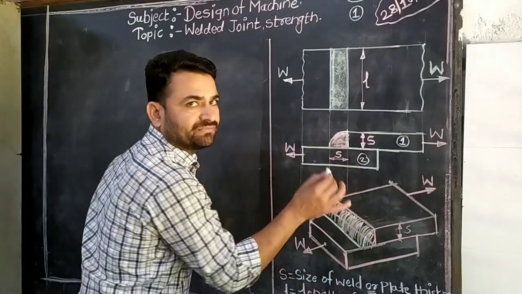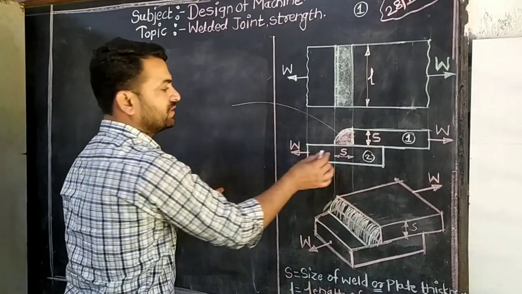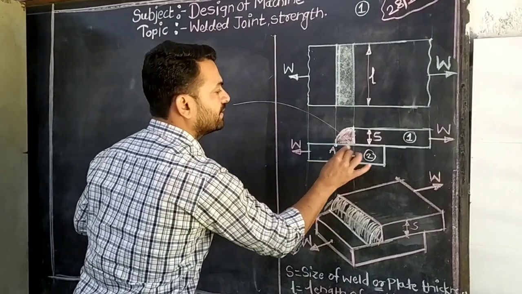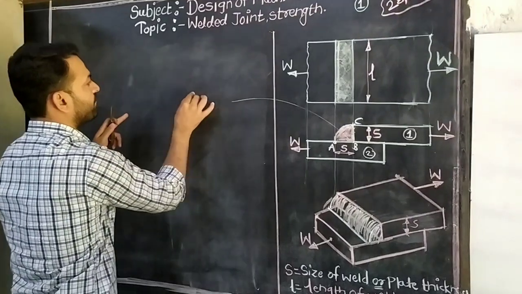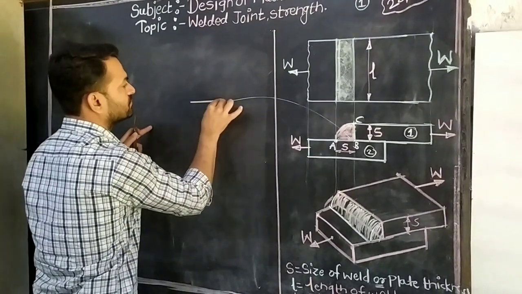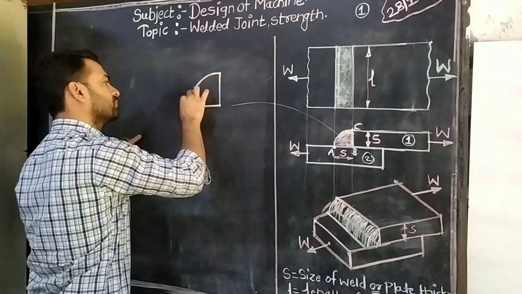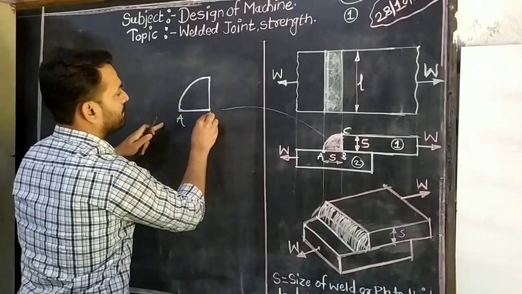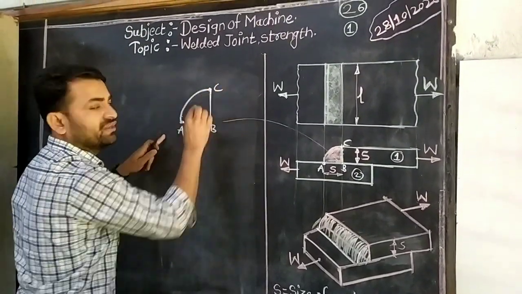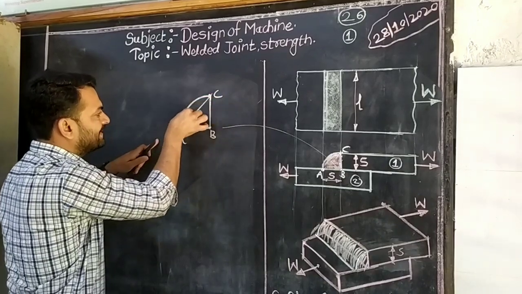For this, I am going to draw this portion in a zoom view. See here, this portion is A, this is B, and this is C. For analysis purposes, I am going to draw this line here.